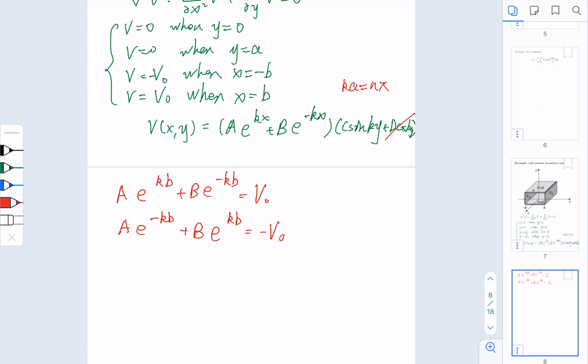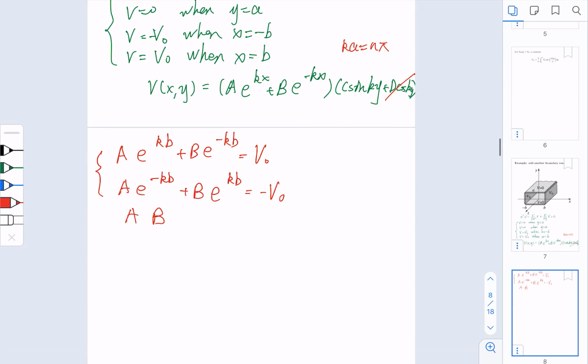Now, if we take a look at this expression and another way to express it, in principle from the two expressions you can determine the coefficients a and b in terms of v naught, but let's try another way.